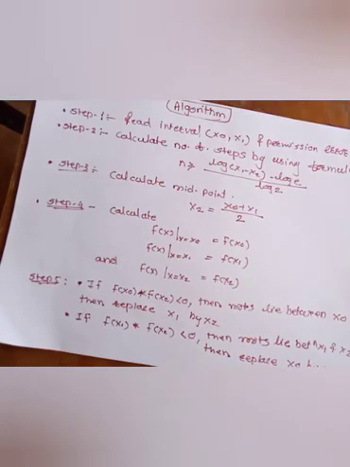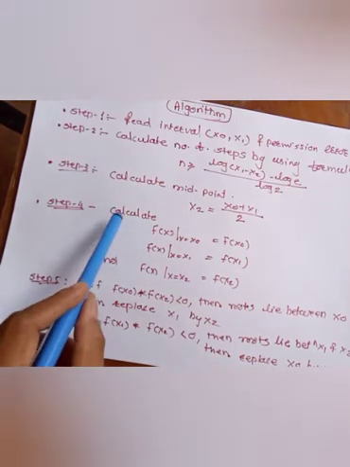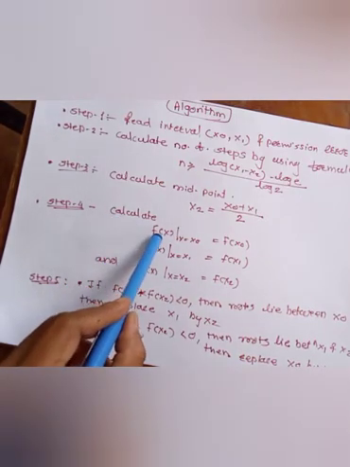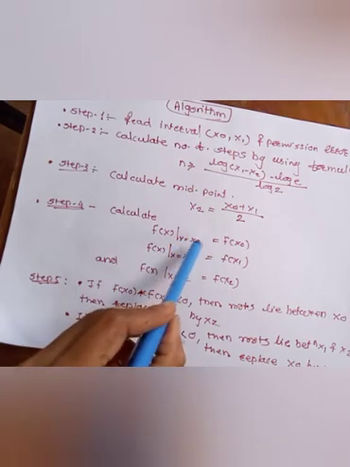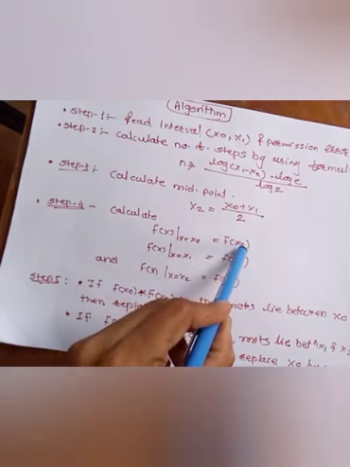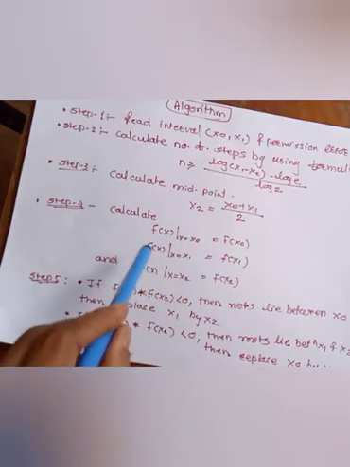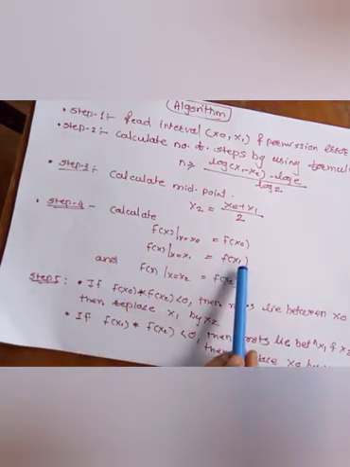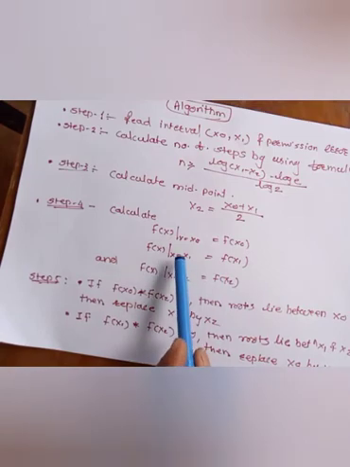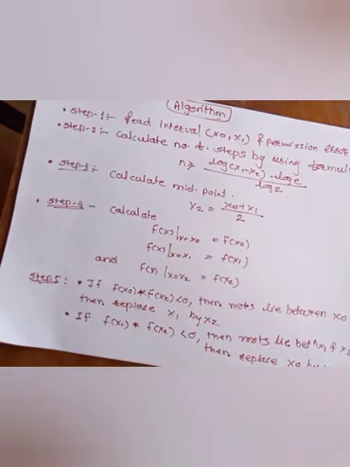To calculate the function f(x) for the different values of x0, x1 and x2. Hence you obtain f of x0 by using the root x0. Similarly, you can calculate f of x1 and f of x2 by using the roots x1 and x2. So this is your step 4, to calculate the function with different roots.